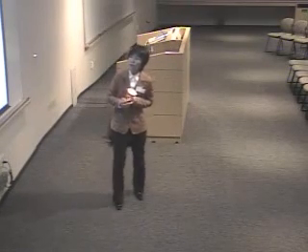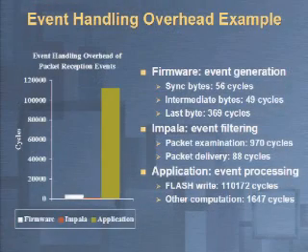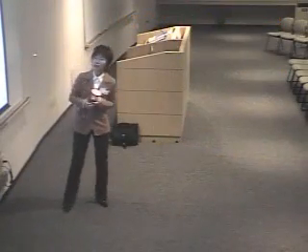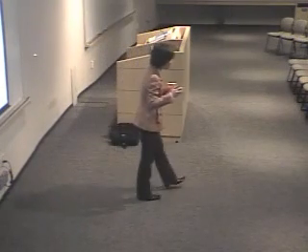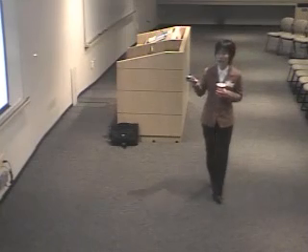This graph shows some example event handling overhead in handling a packet reception event by different system layers. In particular, the firmware layer is responsible for generating the events, basically processing the bytes in the packet and delivering that packet to the Impala layer.